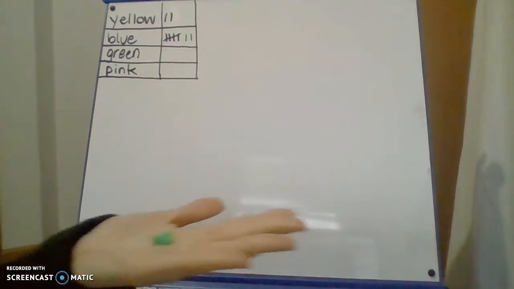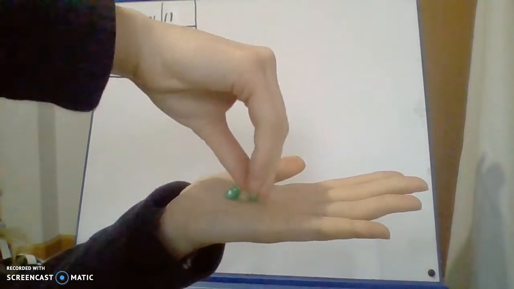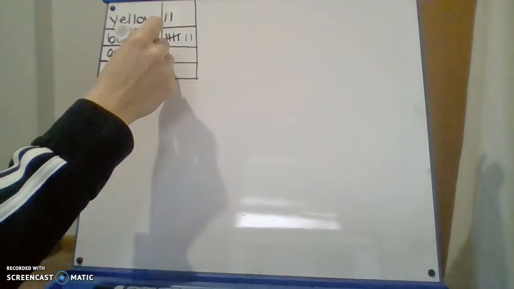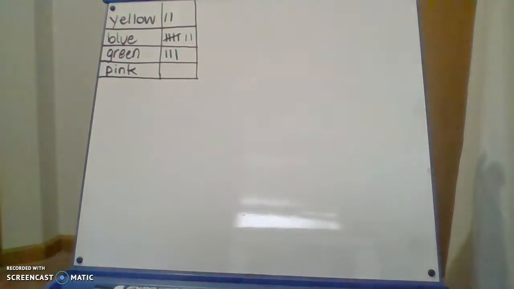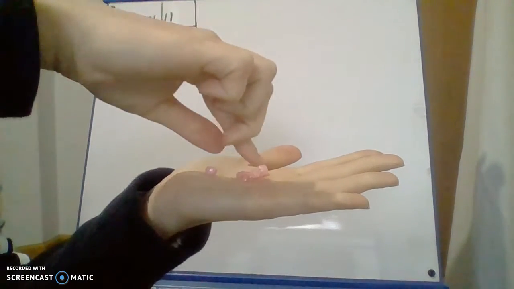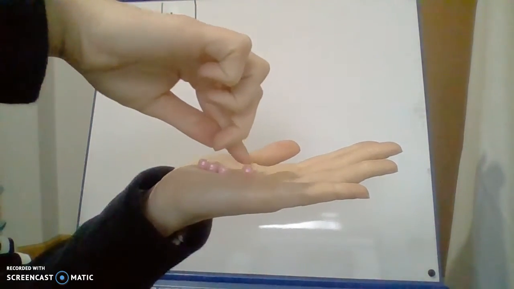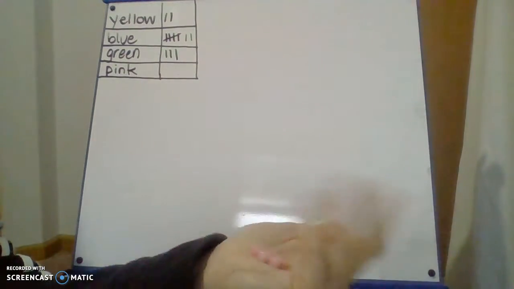Now we have green. I have 1, 2, 3. 3 green. And pink. I have in my hand 1, 2, 3, 4, 5 pink.